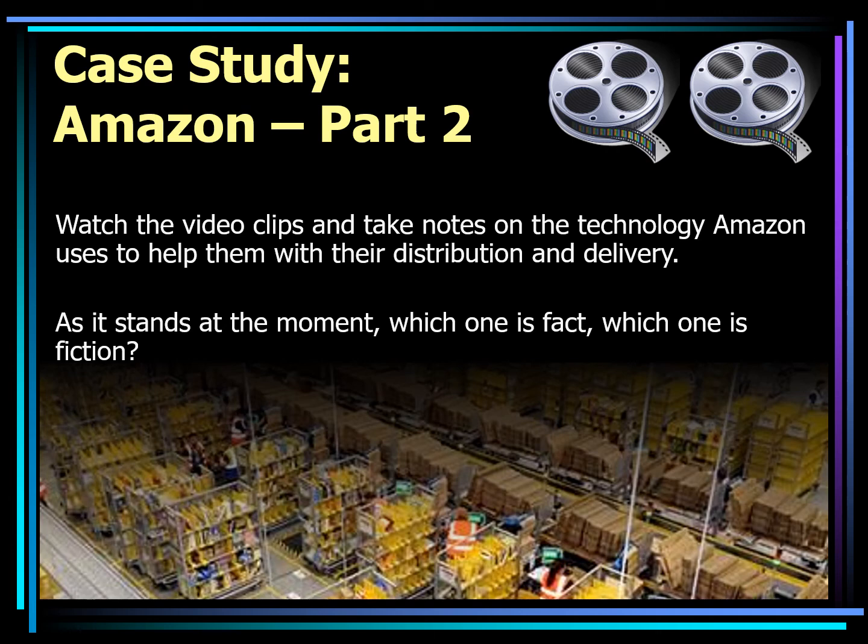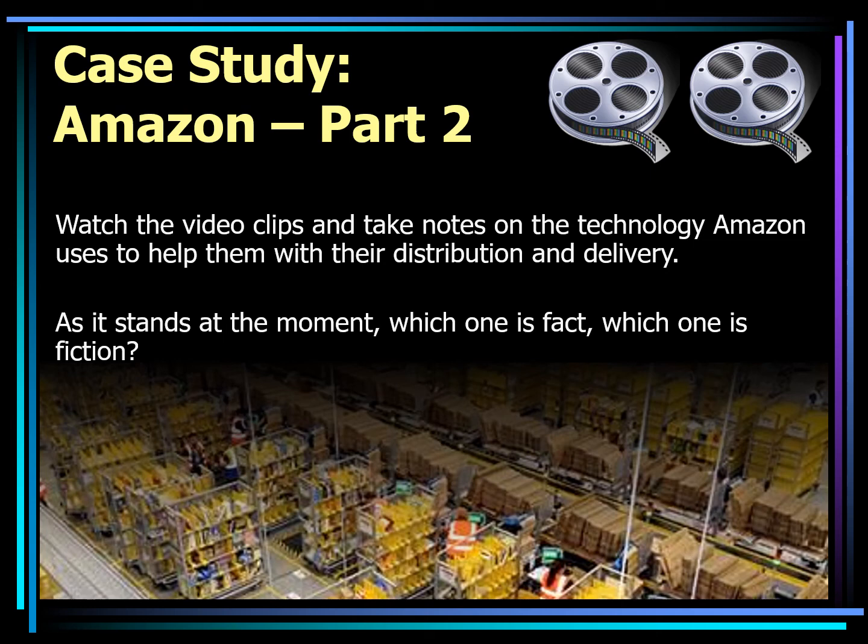So let's move on and have a look at the case study for Amazon part 2. Again, there are going to be 2 clips down below and I will link them for part 2 in the description of this video. Again, they're very short clips, 1-2 minutes long. I'd like you to watch the video clips and take notes on the technology Amazon uses to help them with their distribution and delivery.